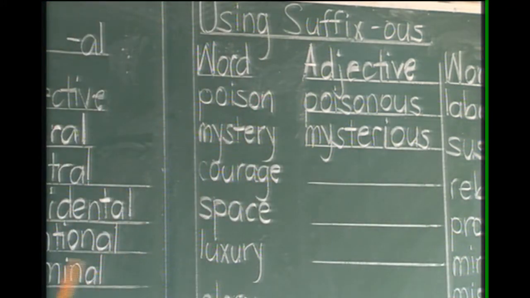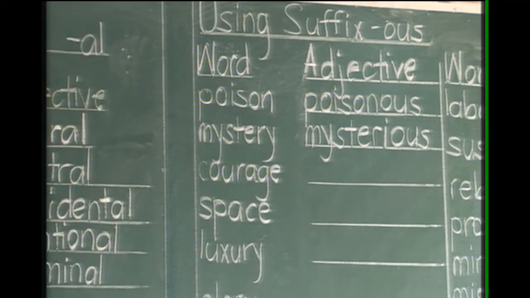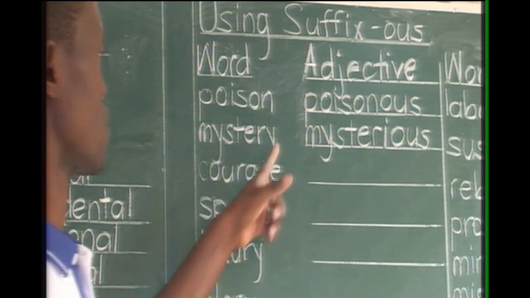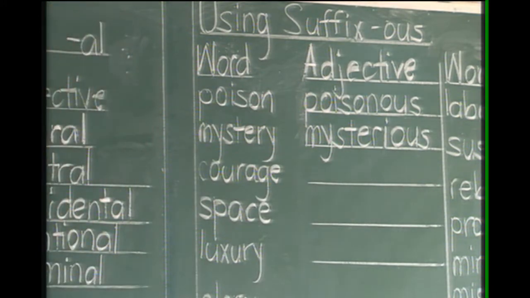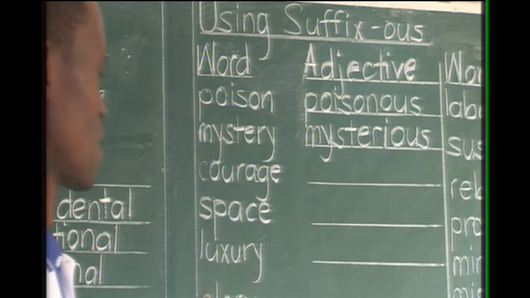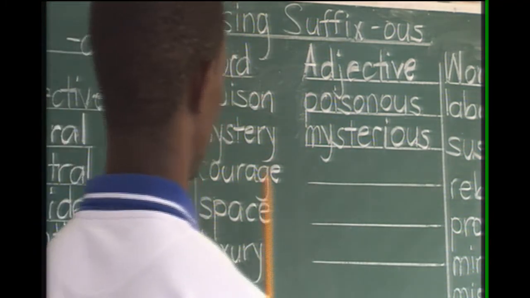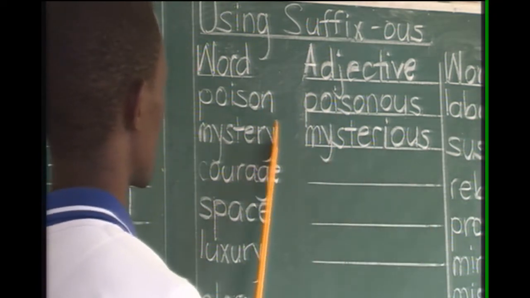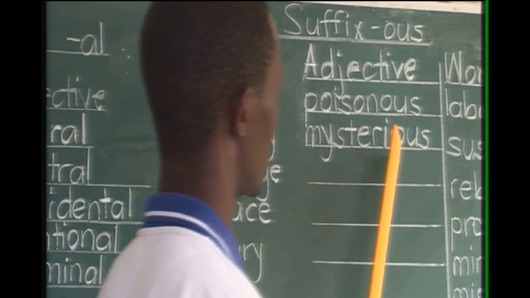You've heard of this kind of rule even in other words. When you were learning about verbs, you saw how the last Y can change to I. In nouns, the last Y coming after a consonant can change to I before you make other changes to the word. We are now looking at adjectives, and the same thing is happening to the last Y after a consonant, changing to I before you add O-U-S.